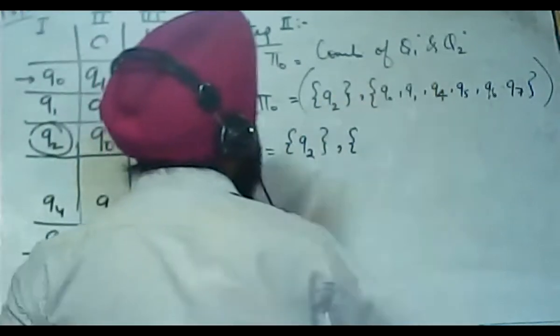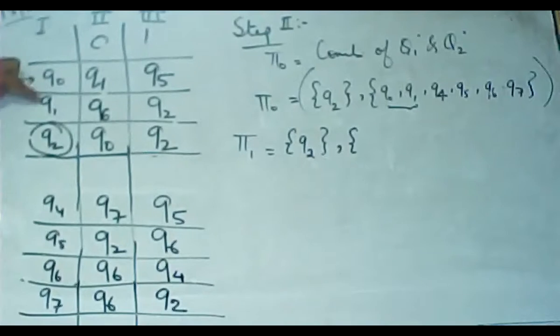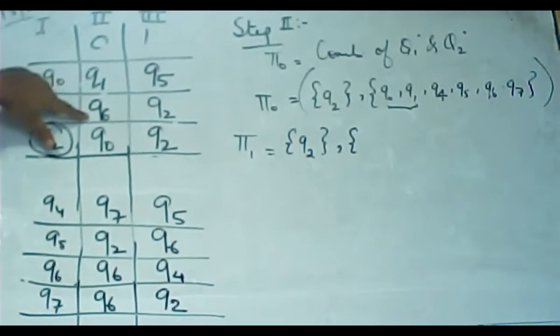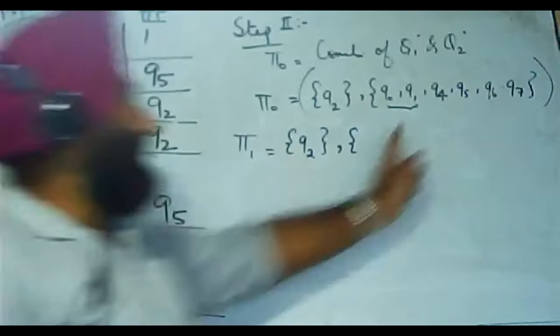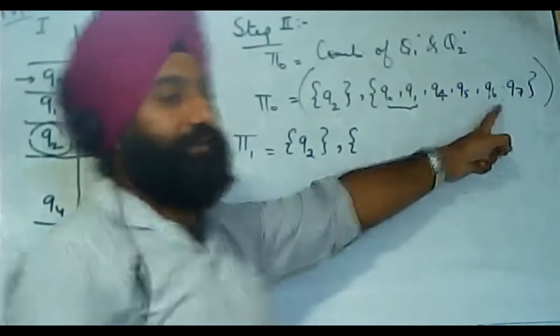So first of all, my first comparison is between Q naught and Q1. Q naught upon the processing of 0 goes to Q1, and Q1 upon the processing of 0 goes to Q6. So now you have to check whether Q1 and Q6 belong to the same set. Yes, Q1 and Q6 belong to the same set.